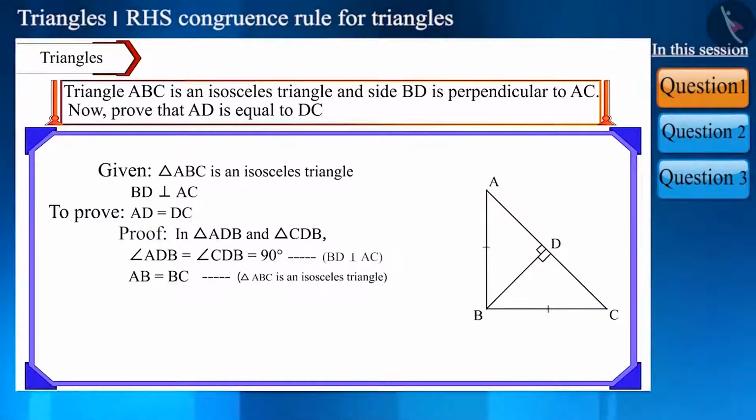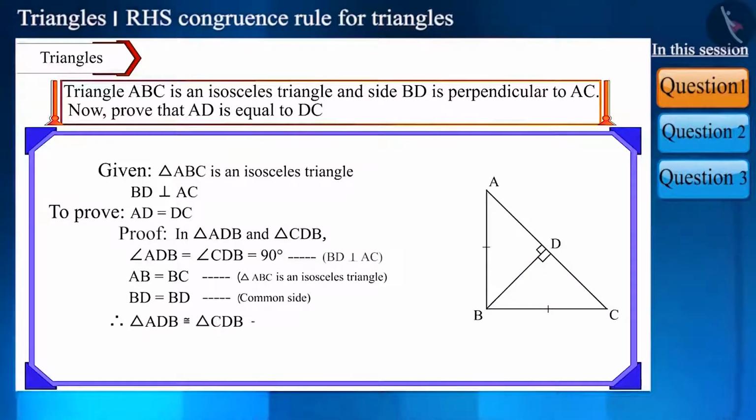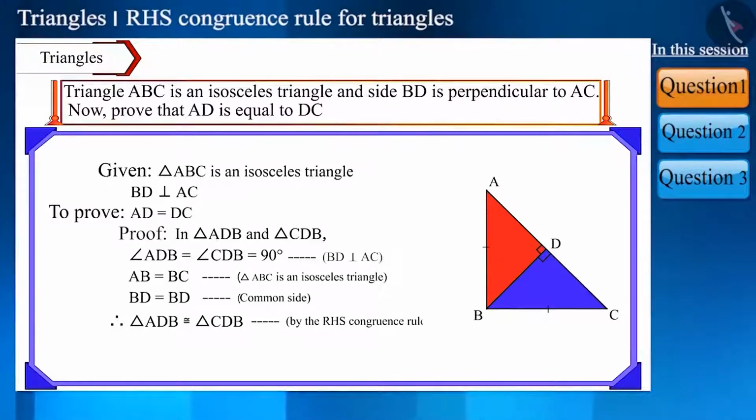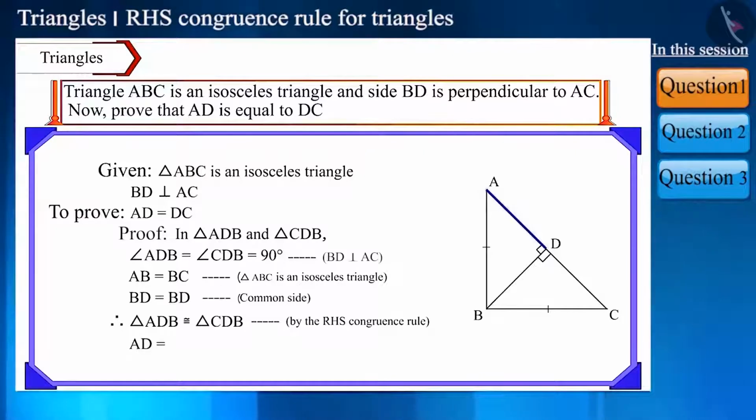And respectively, in both these triangles, triangle ADB and triangle CDB, the hypotenuse will be equal, and side BD is the common side in these two triangles. Now we can say that these two triangles are congruent by the right angle hypotenuse side congruence rule, and the corresponding sides of the congruent triangles are equal. Therefore, side AD is equal to side CD, or we can say that side AD is equal to side DC.